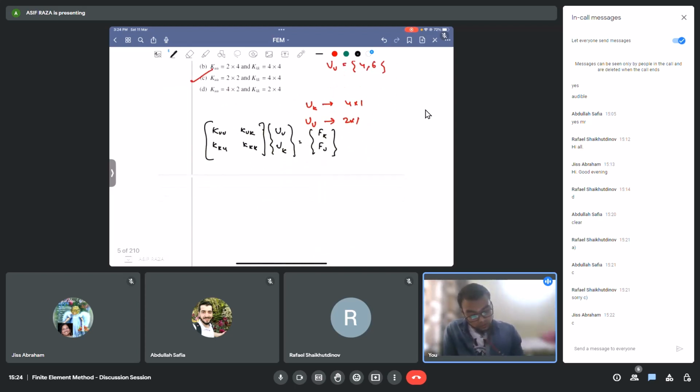Now see this. If you just see this, multiplication would be done what? KUU times UU plus KUK times UK, right? These are blocks, these are vectors, and FK would be there.